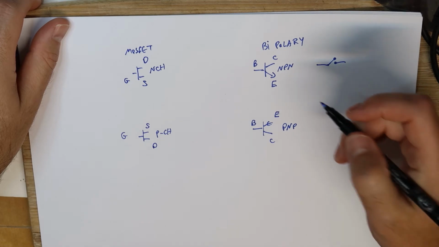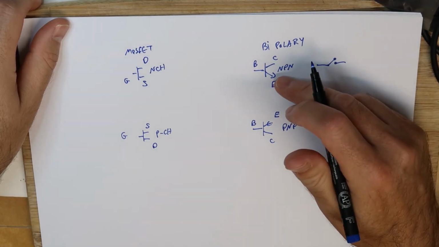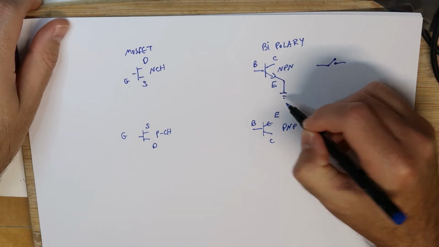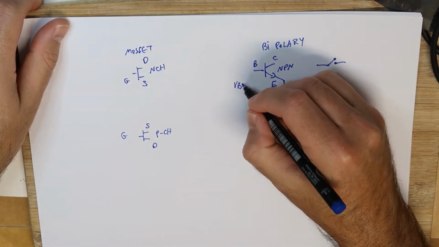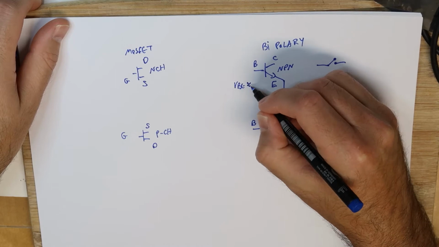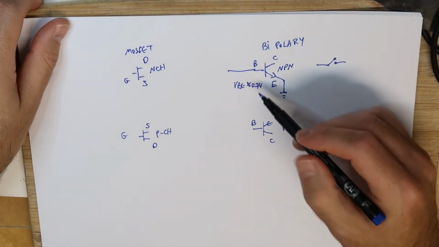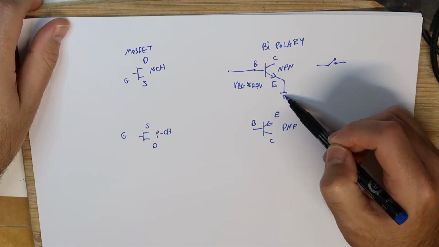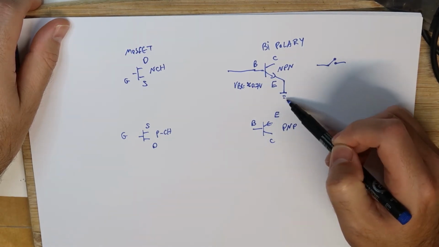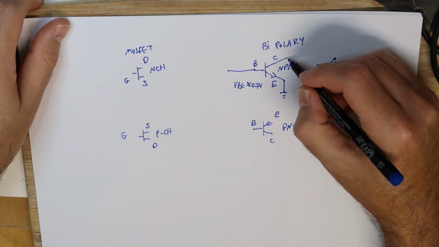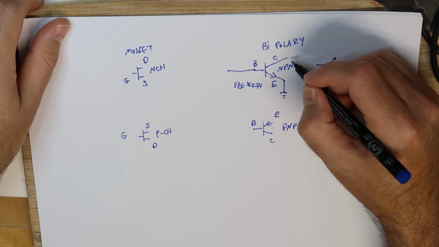In the NPN, what we have to do in order to make it work is to get something that is called the VBE, and the VBE is generally around 0.7 volt. If the base will be 0.7 volt above the ground, this is very important to be above the ground, it will conduct and there will be current flow.